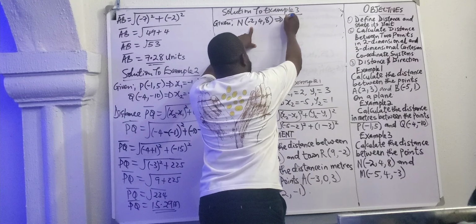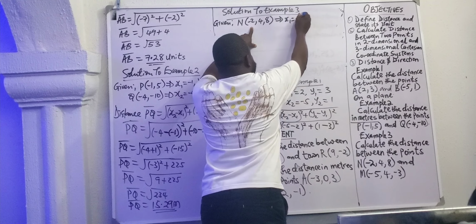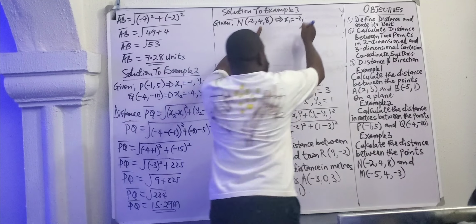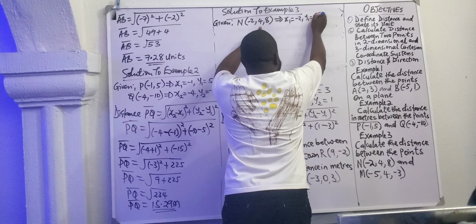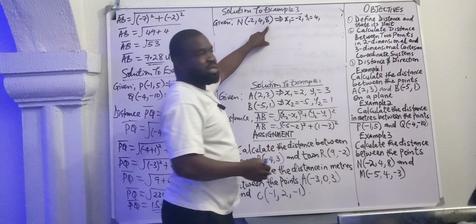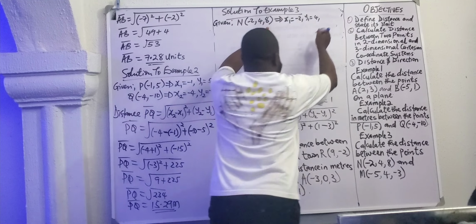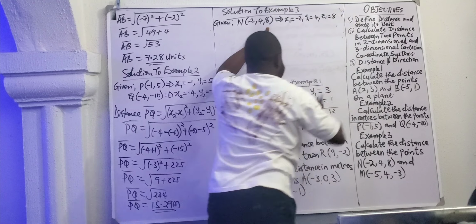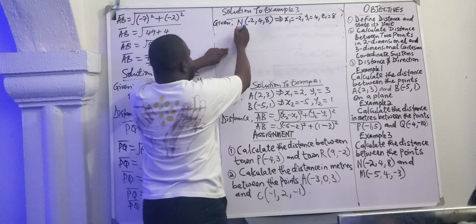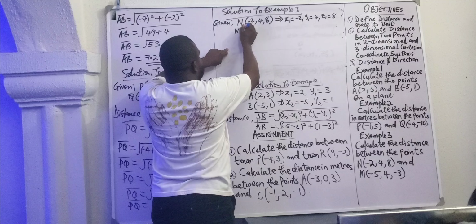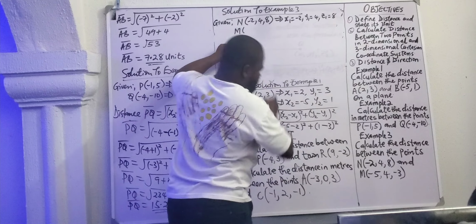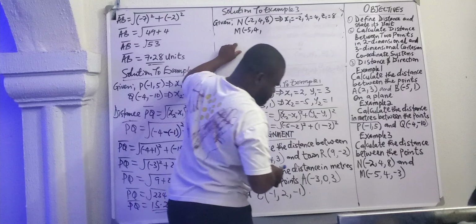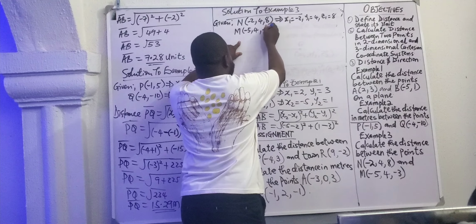So we call it x1 is minus 2. The next value is a what? Y value. Means Y1 is 4. And the next value is the what? Z value. Meaning Z1 is what? Is 8. Then we have M given to us as minus 5, 4, minus 3.